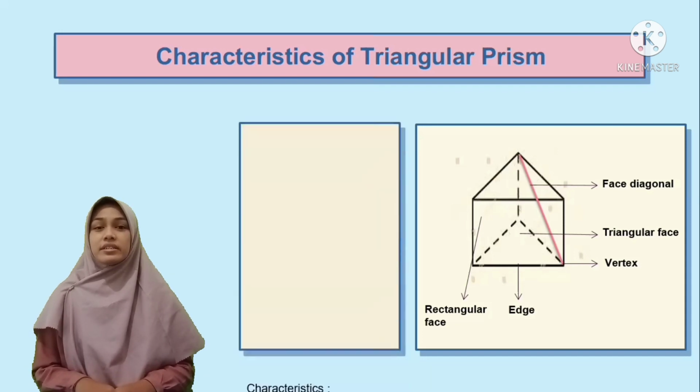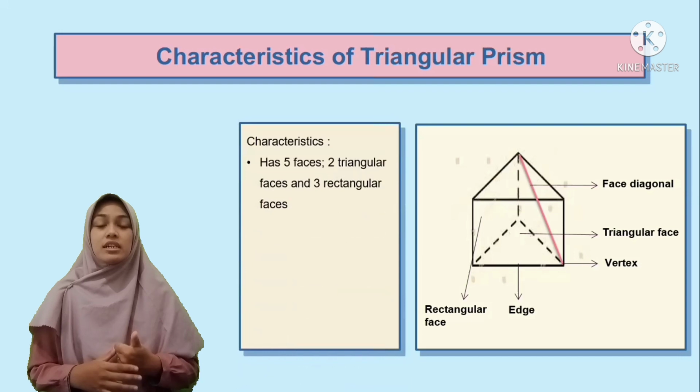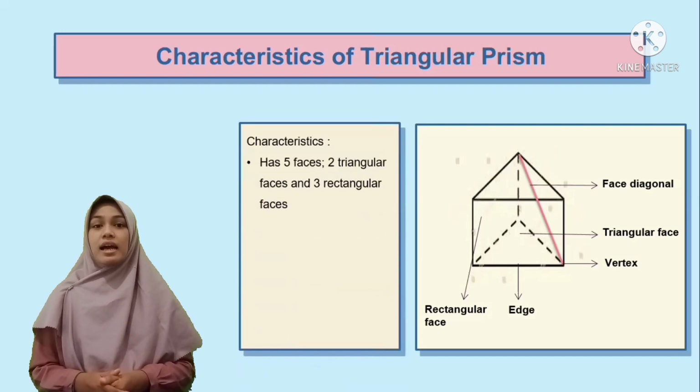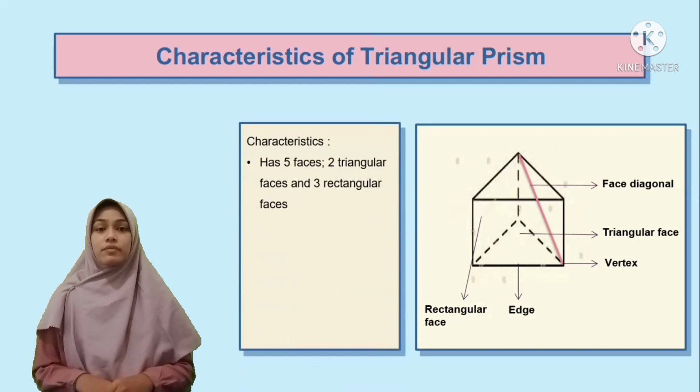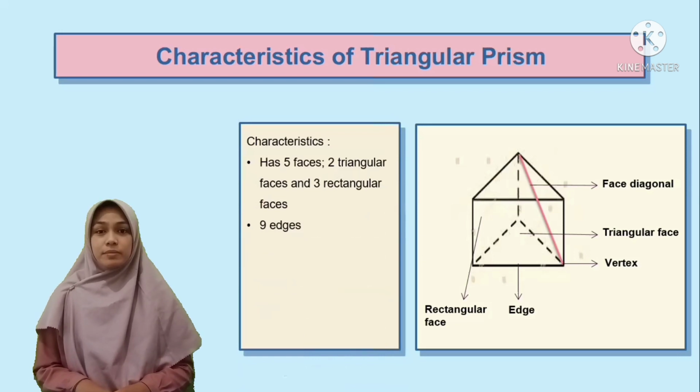The characteristics of a triangular prism are: first, a triangular prism has 5 faces consisting of 2 triangular faces and 3 rectangular faces. The second, a triangular prism has 9 edges.